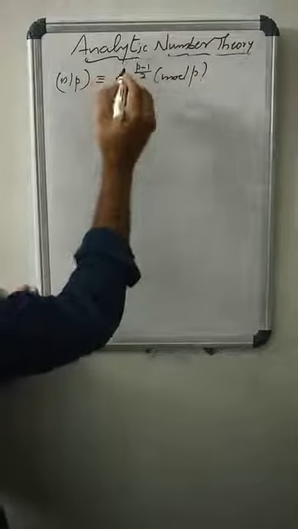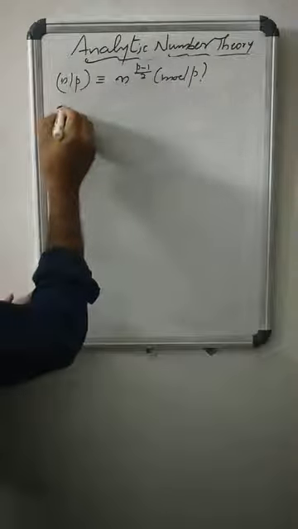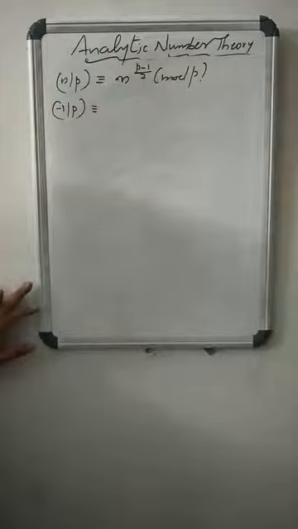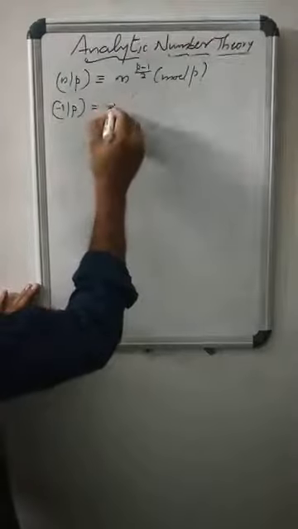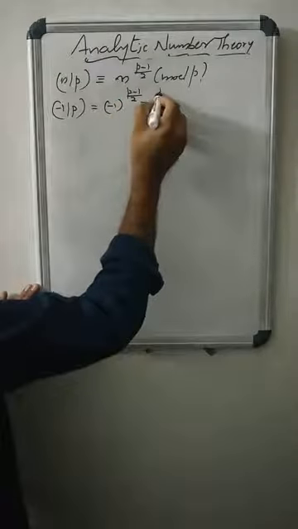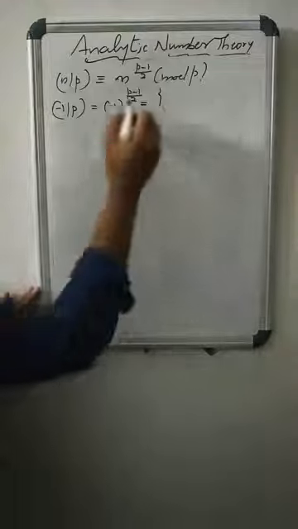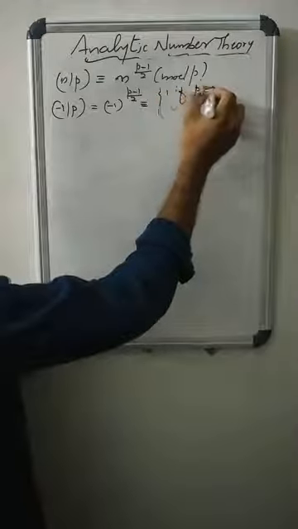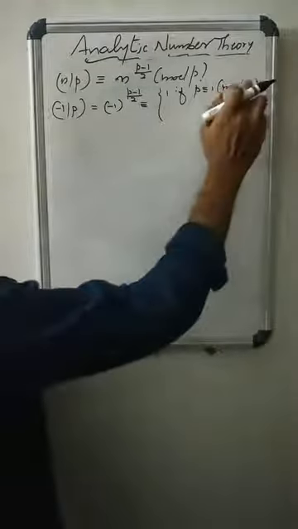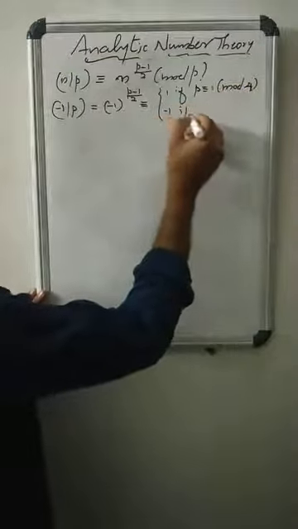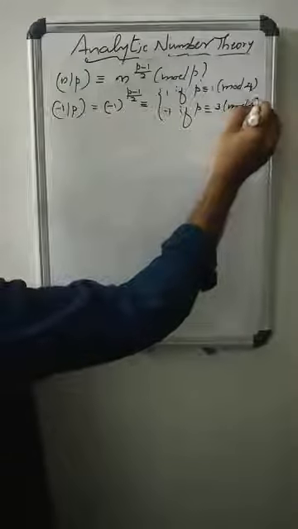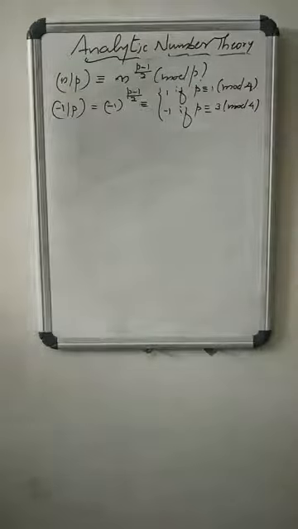By using this, we first show that (-1/p) = (-1)^((p-1)/2), which equals 1 if p is congruent to 1 mod 4, and -1 if p is congruent to 3 mod 4. So this is the evaluation of (-1/p).